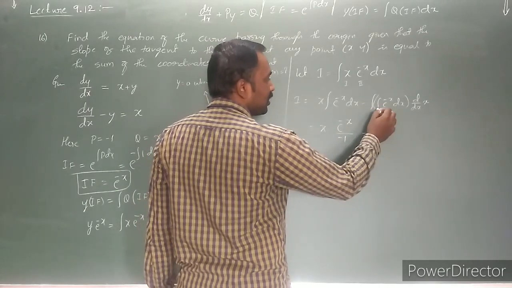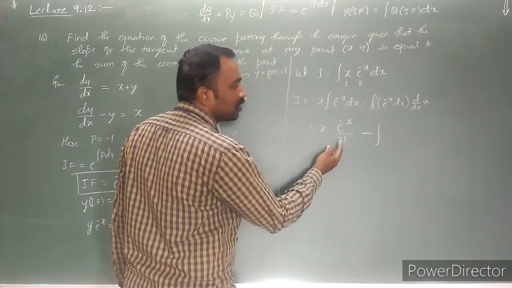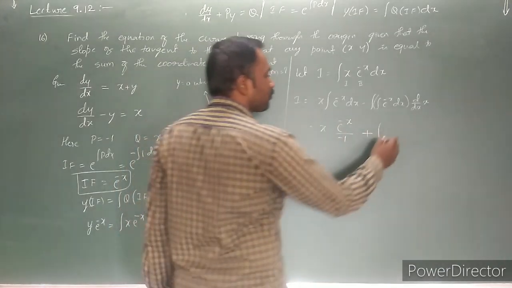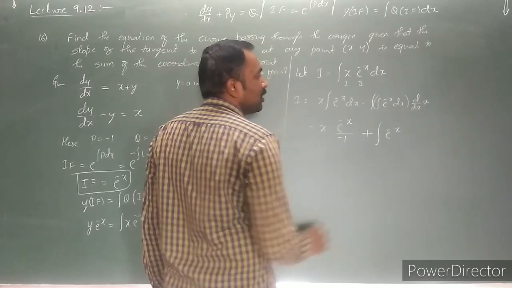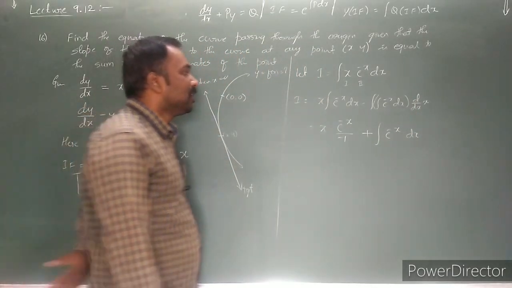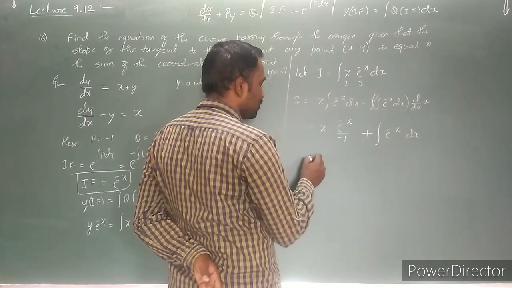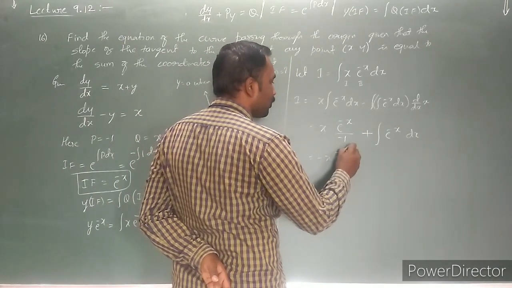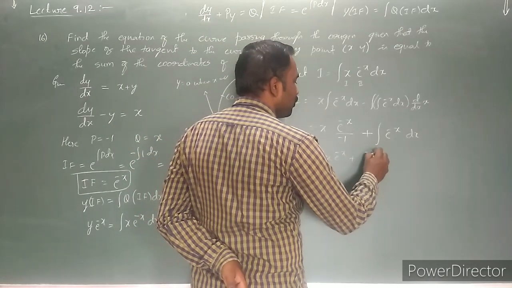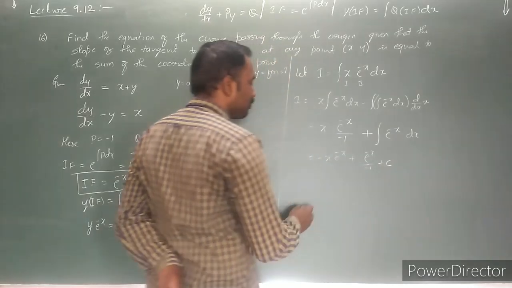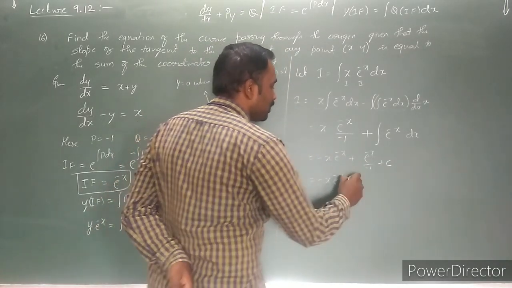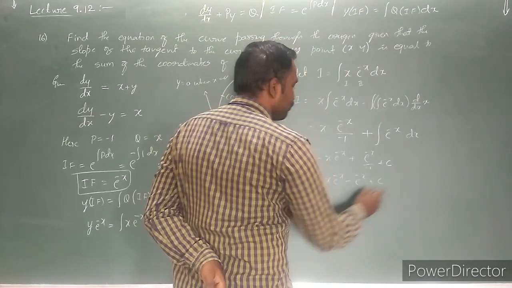Integration of e power minus x is e power minus x divided by minus 1. Differentiation of x with respect to x is 1, with the integral as it is. This gives minus x e power minus x plus integration of e power minus x, which is again e power minus x divided by minus 1, plus c. Here also minus, so minus x e power minus x minus e power minus x plus c.